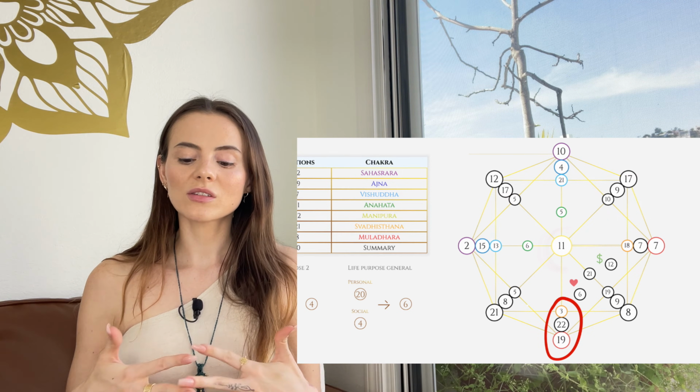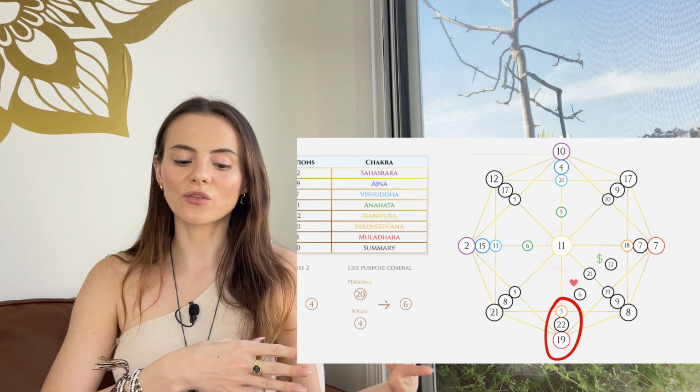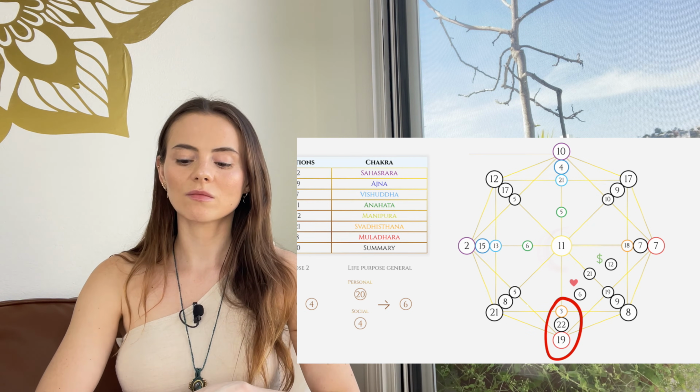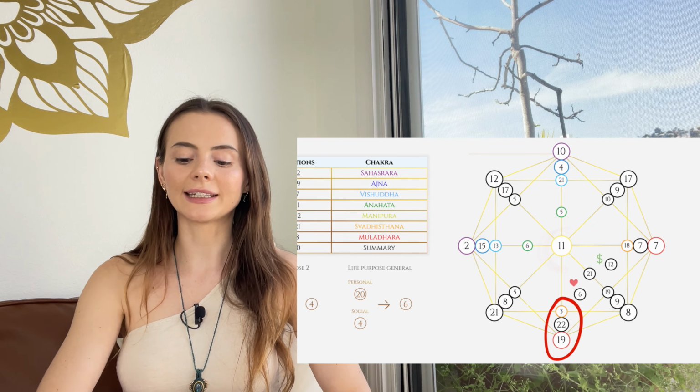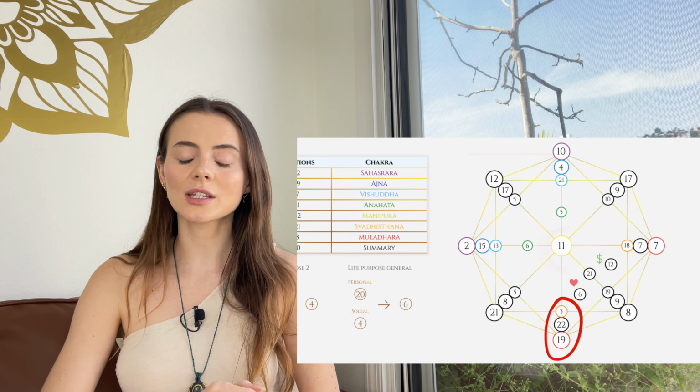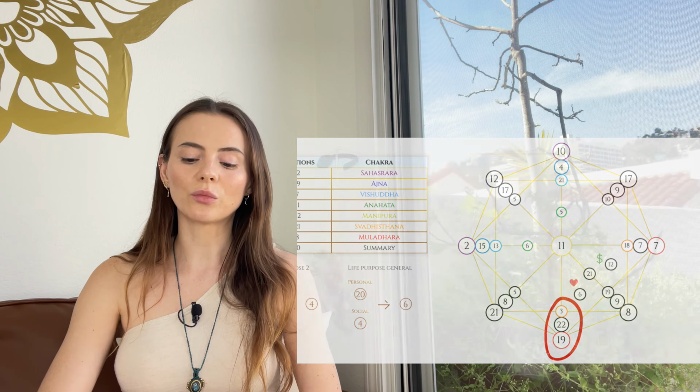Because these are things that come from past lives, and they are basically like negative baggage from past lives, it's important to bring them into balance, because they will impact your entire life, your entire chart.